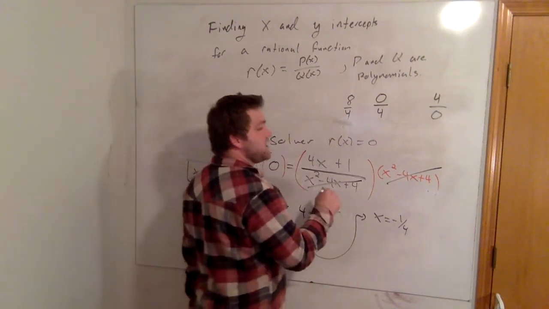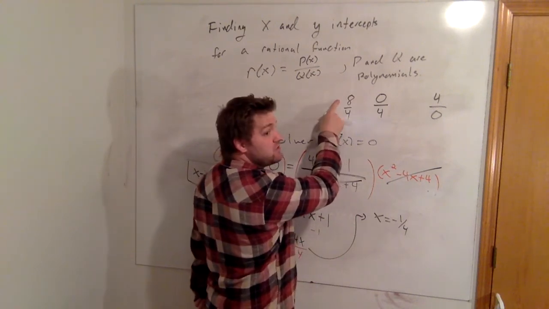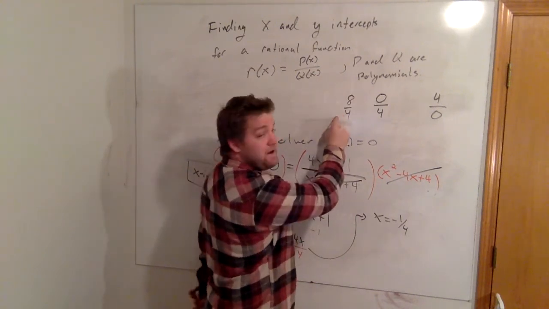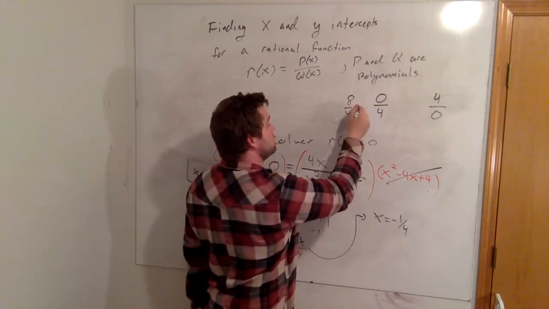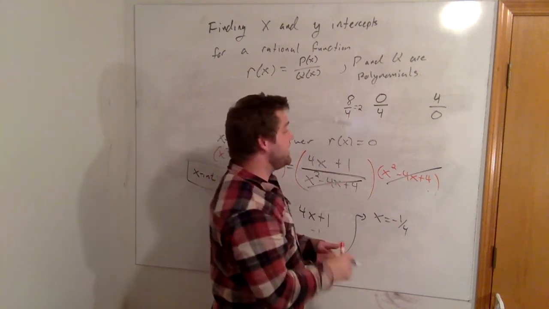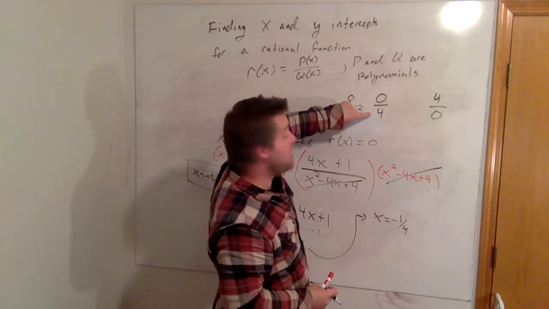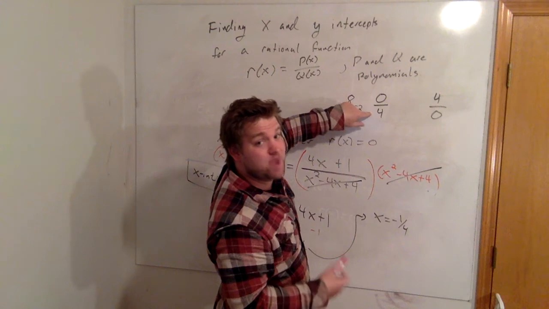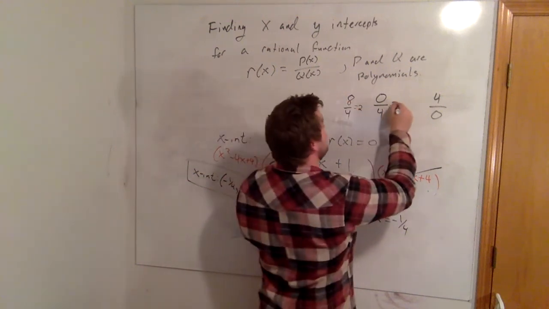This is saying that I have 8 items, and I'm splitting them between 4 people. So how many items does each person get? 2. Okay. This is saying that I have 0 items, and I'm dispersing them amongst 4 people. So if I have no items to give to 4 people, how many items does each person get? They get nothing.